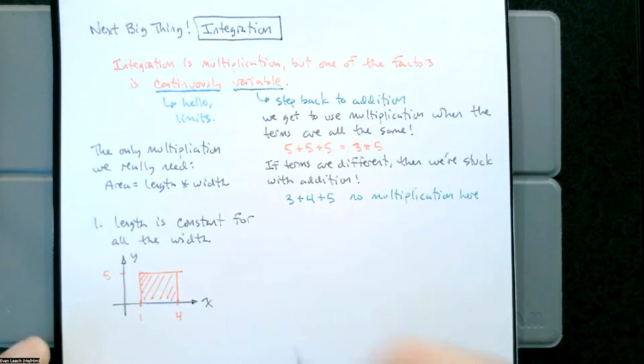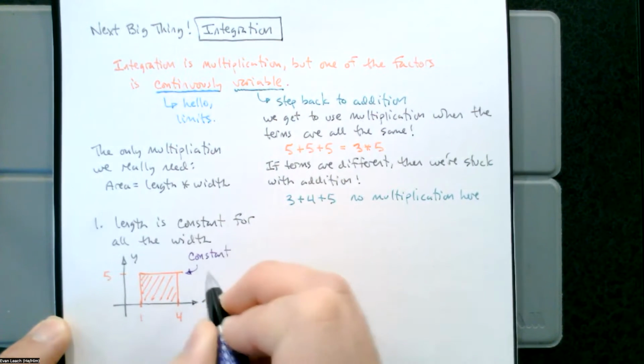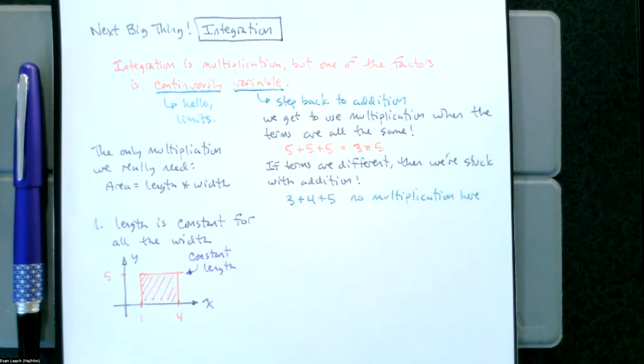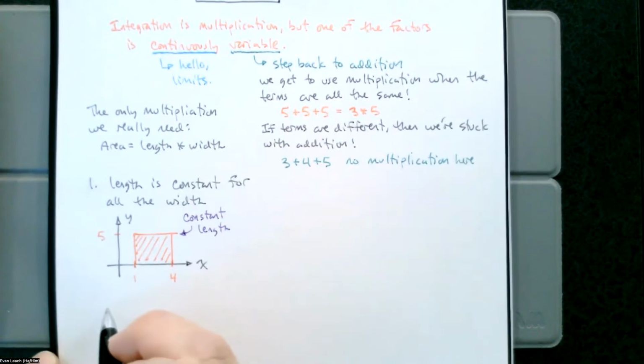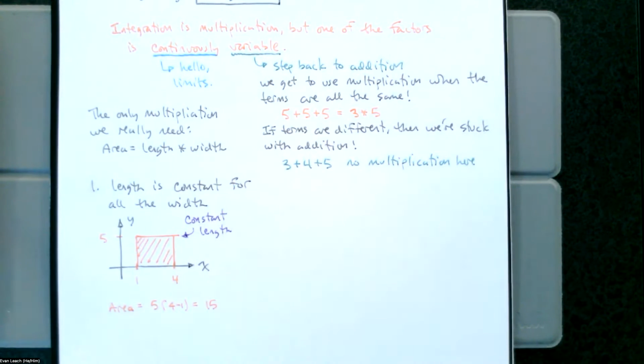That 5 is our constant length. We get to multiply. No problem. We all got that.